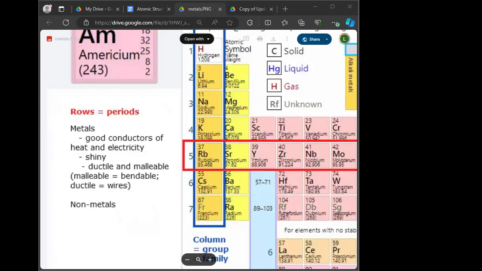And then malleable means bendable. Okay. And all that should somewhat make sense for metals.